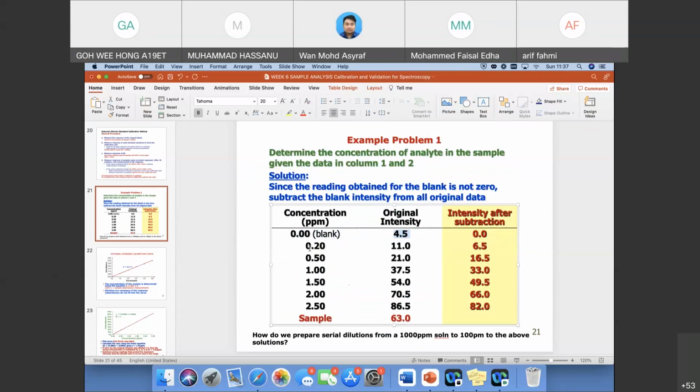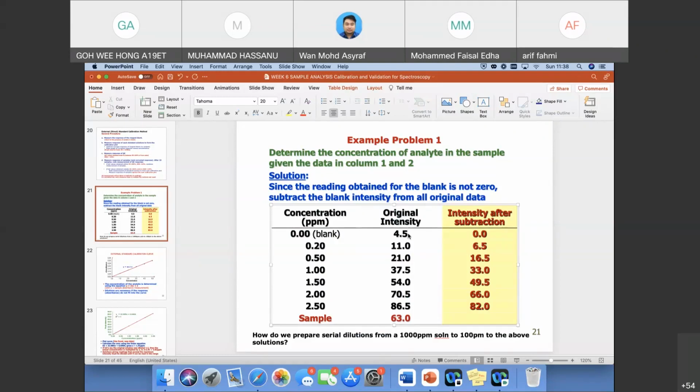So whatever response you get from your calibration curve later on, from 0.2 to 2.5, whatever intensity you get needs to have this 4.5 subtracted, for you to be able to create your calibration curve later on. So you have subtracted the blank signal.